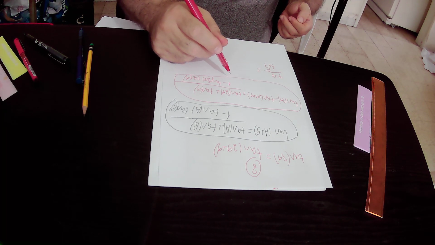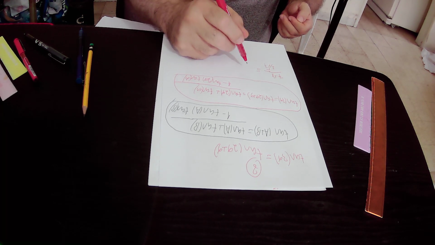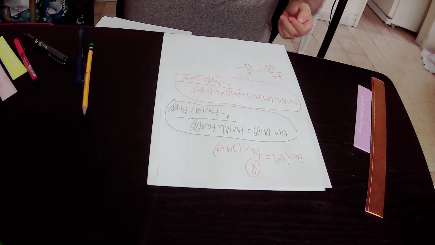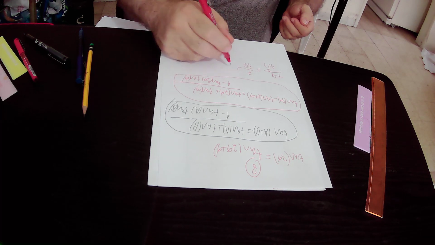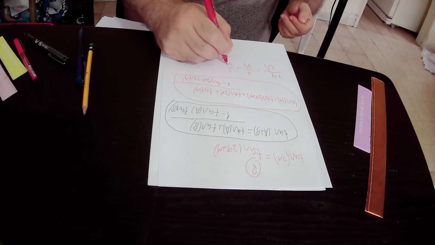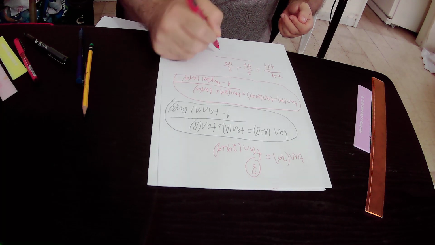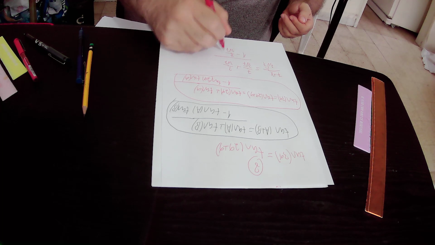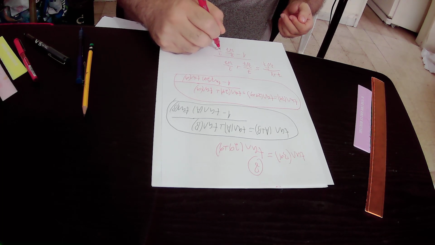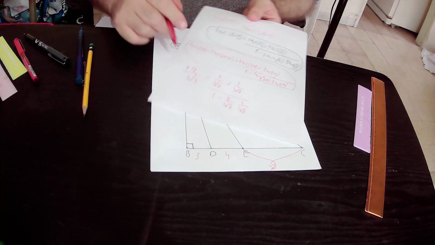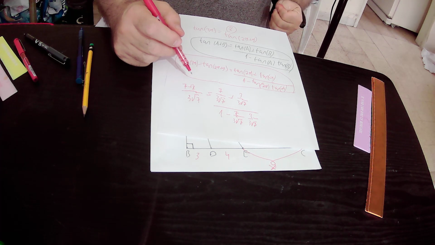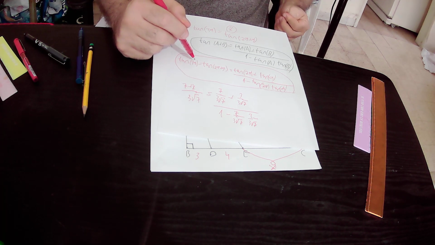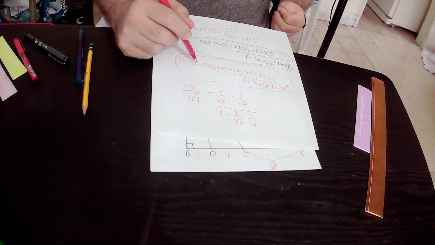The value of tangent 2 alpha that we have already found out is 7 over 3 times root 7 plus tangent alpha, which is 3 over 3 times root 7, all divided by 1 minus tangent 2 alpha times tangent alpha.